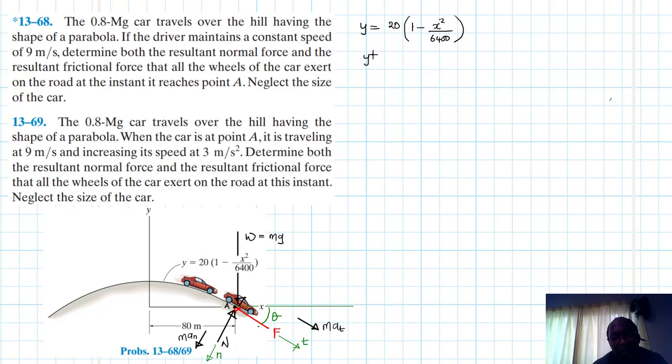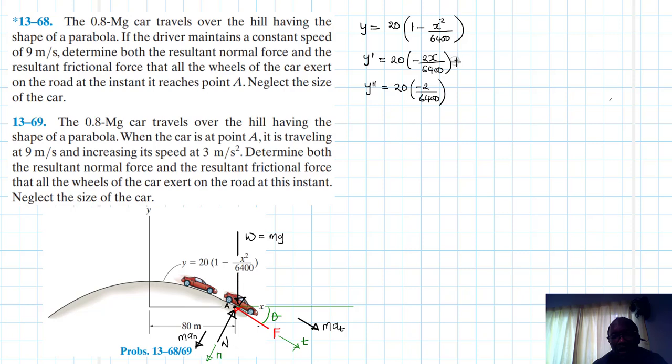So we know that y prime is just going to be equal to 20 times minus 2x divided by 6,400, and then y double prime is just equal to 20 times minus 2 divided by 6,400, like so.